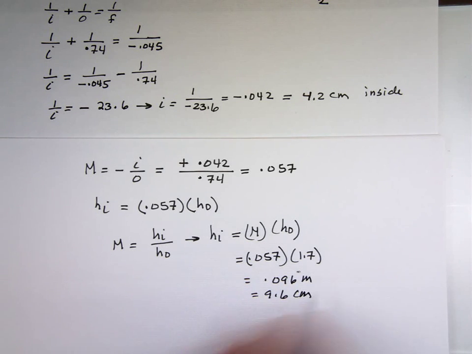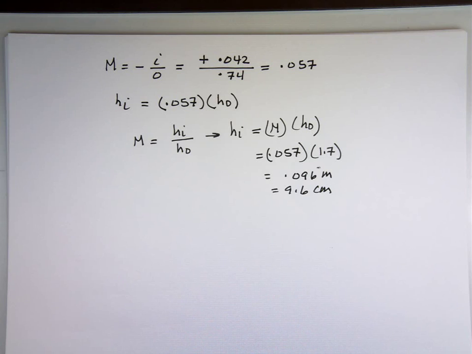That image is going to be 9.6 centimeters. They're not asking for the magnification, they're asking for the height of the image. 9.6 centimeters tall. Correct. And it's not inverted. So notice it shrunk. That was the whole thing, yeah.